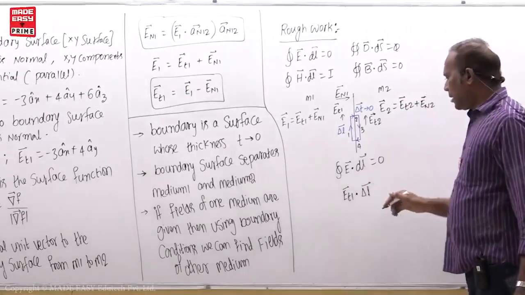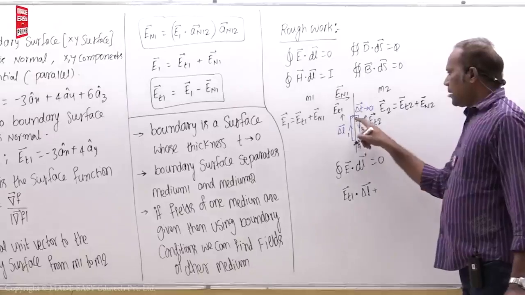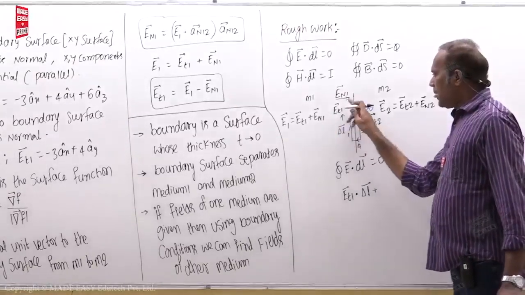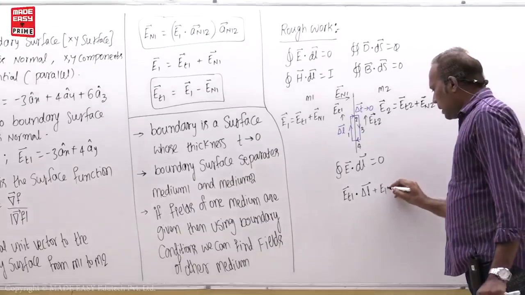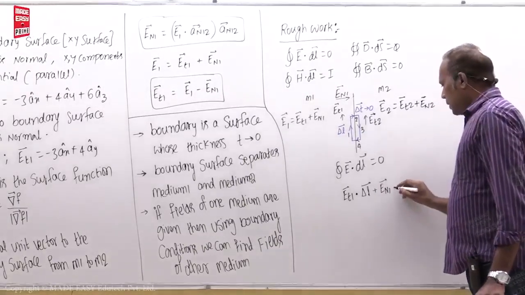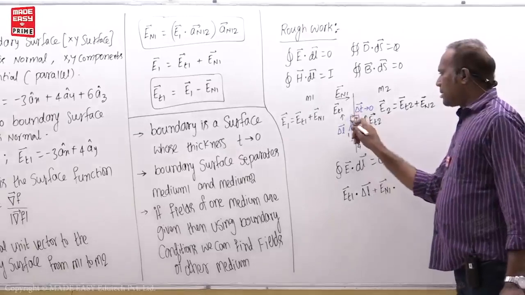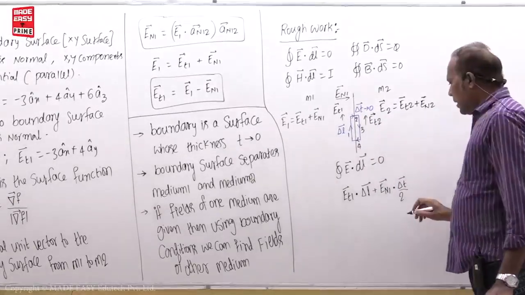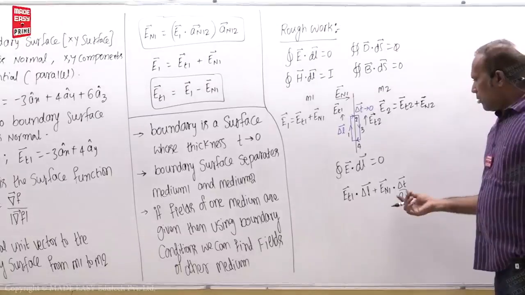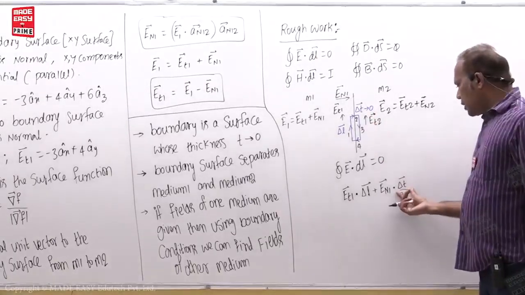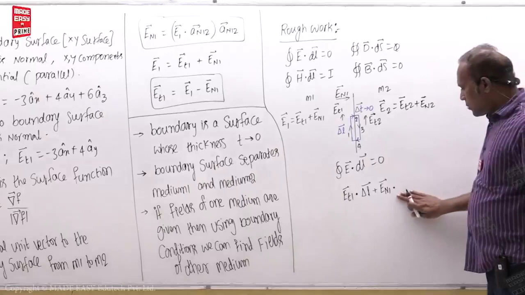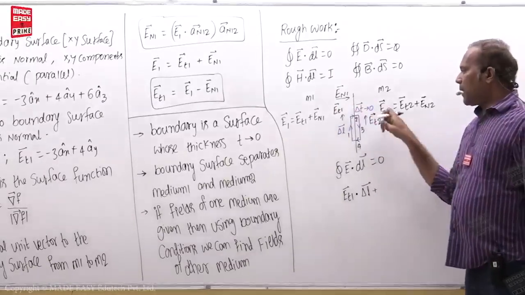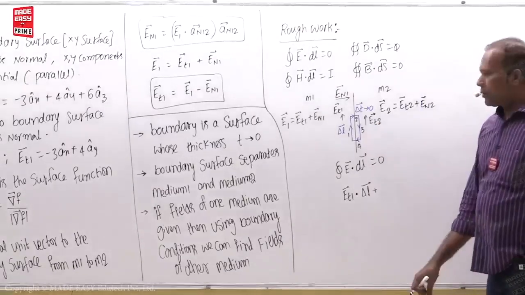Now plus here the normal component is EN1 bar dot delta L, which for this one is delta T divided by 2, but according to the definition for a boundary delta T tends to 0, so this becomes 0. That means no need to take normal components here, only tangential components you have to take.